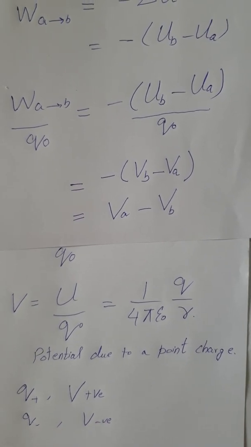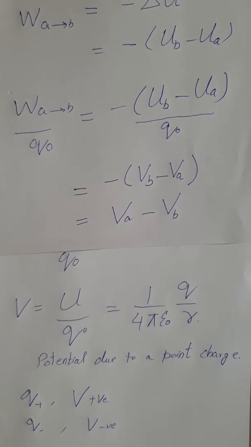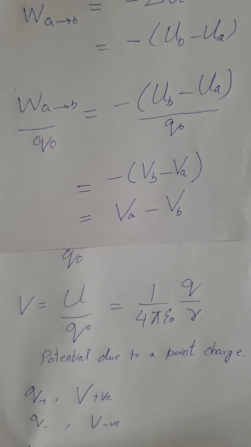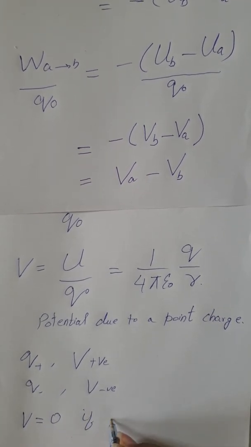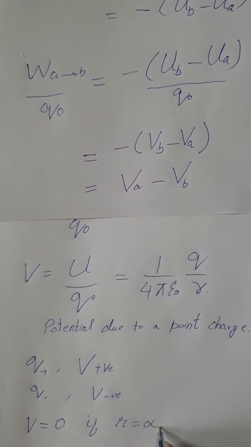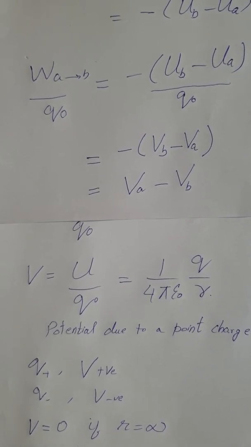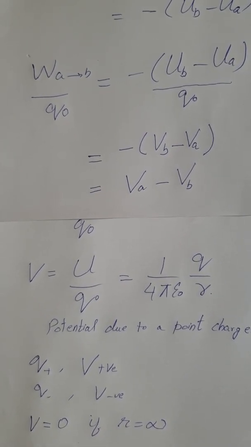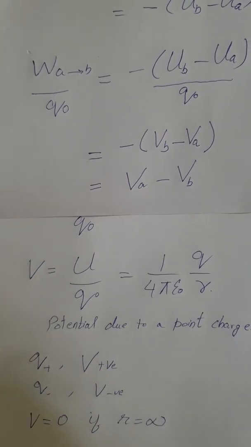Next, potential is equal to 0 when the point of evaluation is at infinite distance from the point charge. So V is equal to 0 if R goes to infinity. Note that potential is independent of the test charge Q naught that we use to define it, like the electric field.